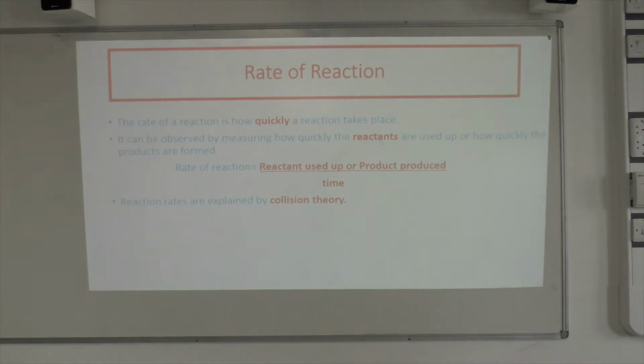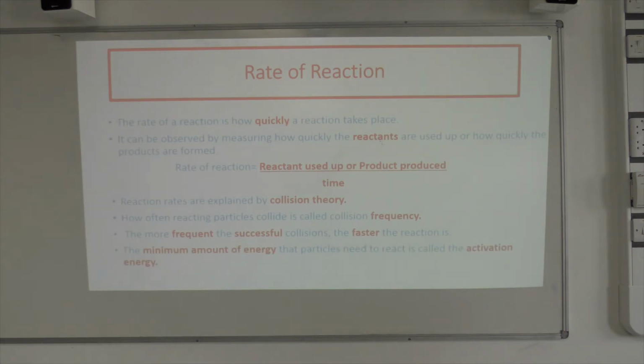Rate of reactions are explained by collision theory. So this is the theory behind rate of reaction. How often reacting particles collide is called collision frequency. The more frequent the successful collisions, the faster the reaction is.